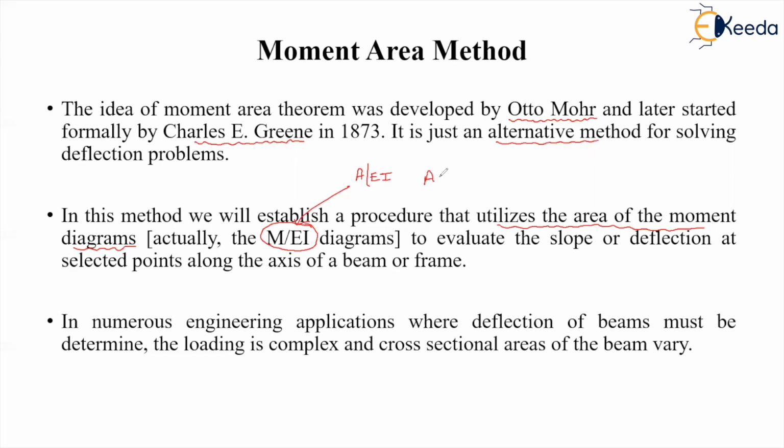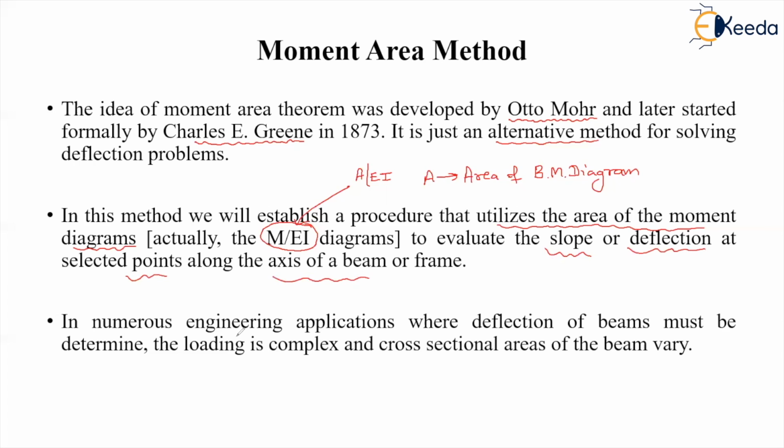where A is the area of the bending moment diagram. This is the main concept: we use this area, A by EI or M by EI, to find the slope or deflection at selected points along the axis of the beam.